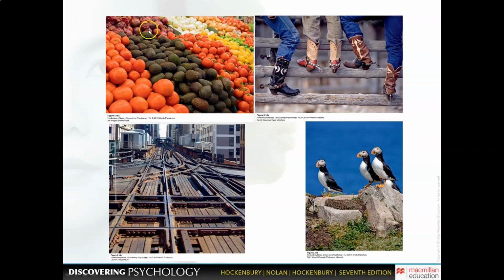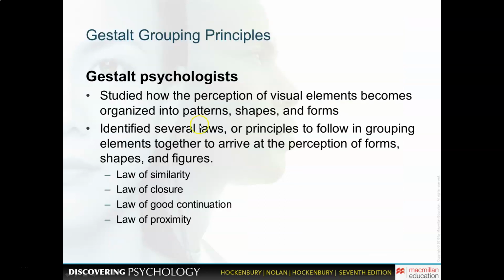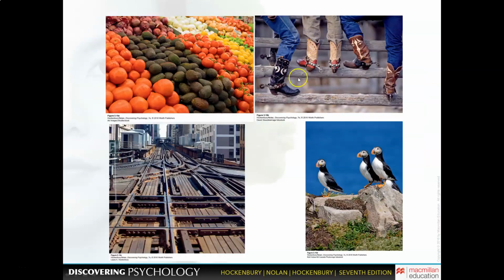Like take, for instance, when you perceive this here, these are all shaped alike. We can say, oh, okay, those are all shaped alike. Those are all basically circular in formation, or close to it, and we perceive those all as one shape, or a pattern. And that's the law of similarity. Now, let me move forward here.